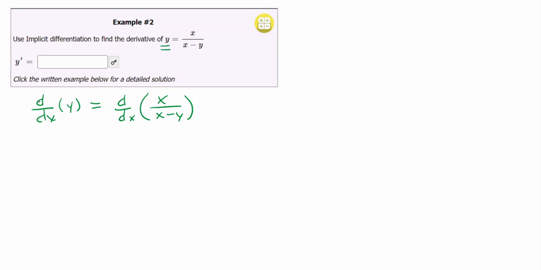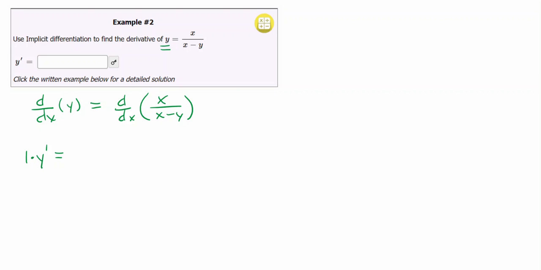So now d/dx of y, you can think about this as, well, the derivative of y is 1. Easy enough. But then we have to multiply by the derivative of the inside, which would just be y prime. Which makes sense, the derivative of y. So now moving on to the next side.